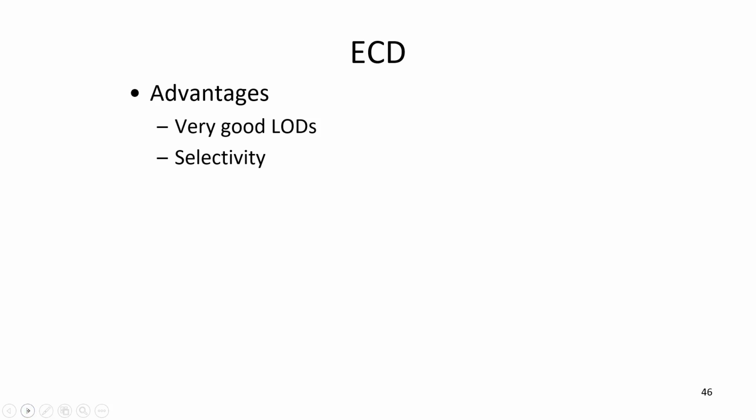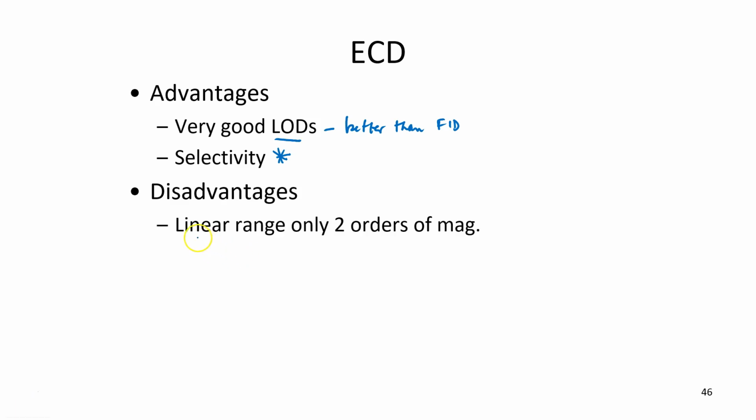The main advantage of the ECD is that it has very good limits of detection, even better than the FID. And we already talked about how it was the most selective of the detectors. Some of the disadvantages are it has a limited linear range, only 2 orders of magnitude.